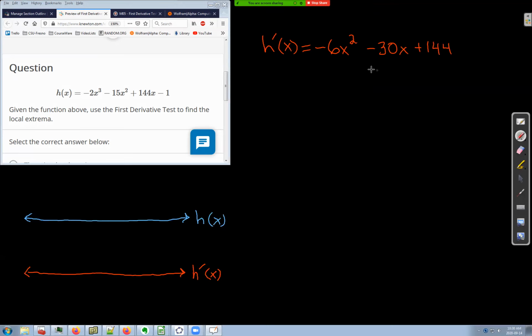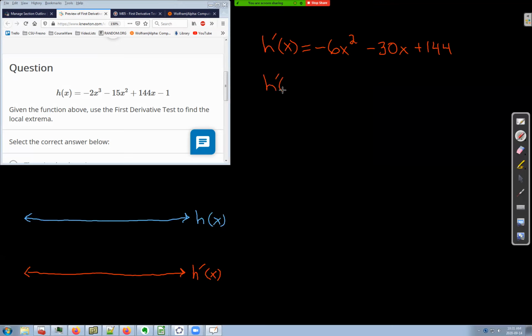All right, so there's our derivative. Okay, so we have to figure out where that derivative changes sign. Or mainly, we've got to find where this derivative is positive and where it is negative. When is it a positive value and when is it a negative value? This is a little bit of a hassle, but we can do it.